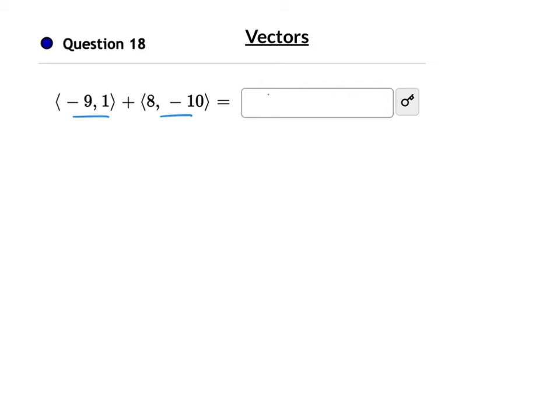We'll add the x's. -9 plus 8 is -1, and we'll add the y's. 1 plus -10 is -9. So the sum of these two vectors is the vector in component form <-1, -9>. Be sure that you enter the less than and greater than to identify that it is in component form.